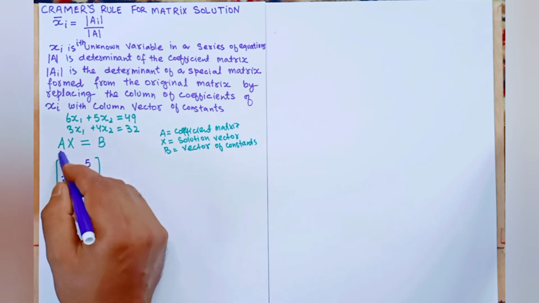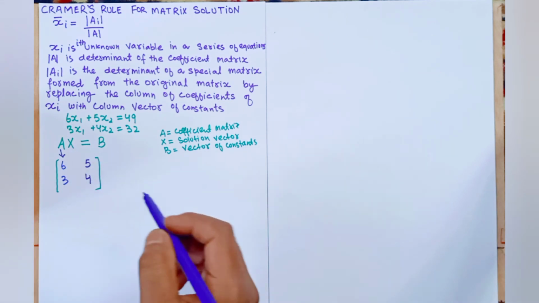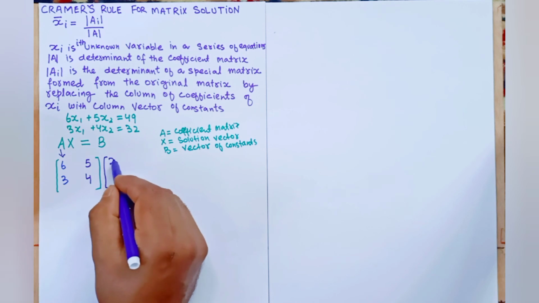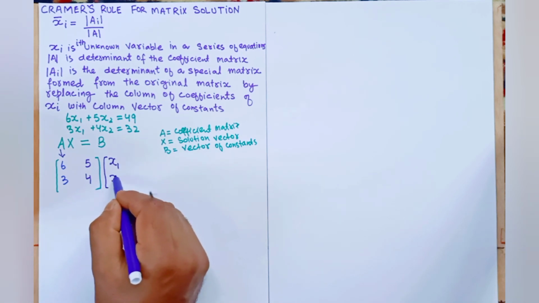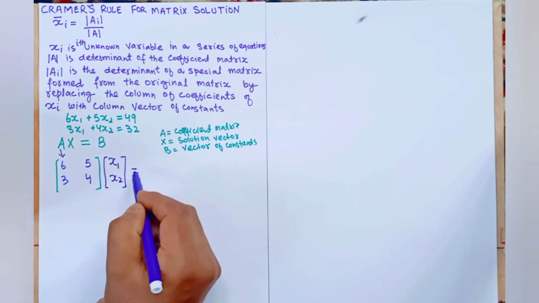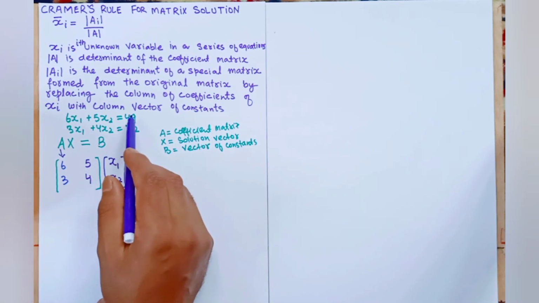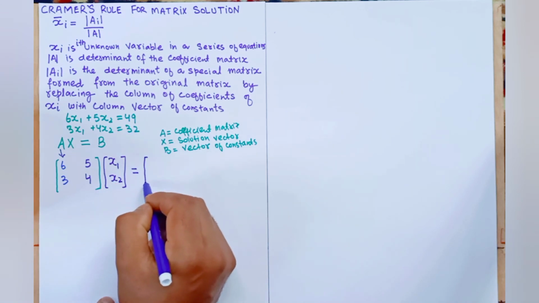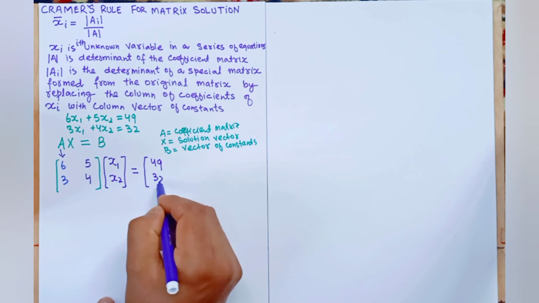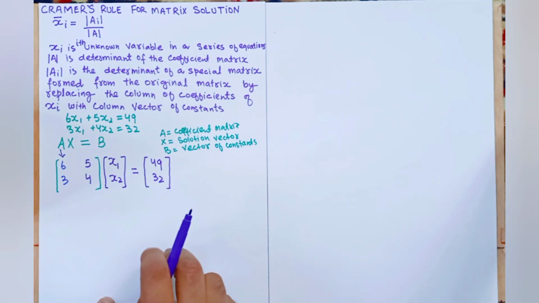So this is our A. Now x is the solution vector, that is the variable vector x1 and x2. This is equal to b, the vector of constants, that is 49 and 32. So this was the first step.